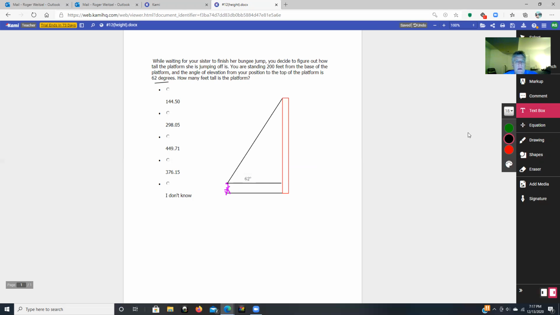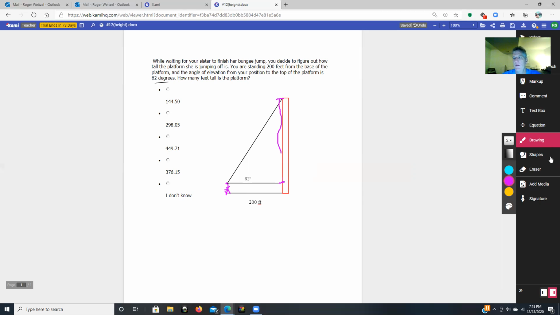What else do we know here? We know the distance, this distance here. So let's put that in. You are standing 200 feet from the base. So we're going to put in 200 feet. And what we're going to calculate is the height. So what we're trying to figure out is this distance here.